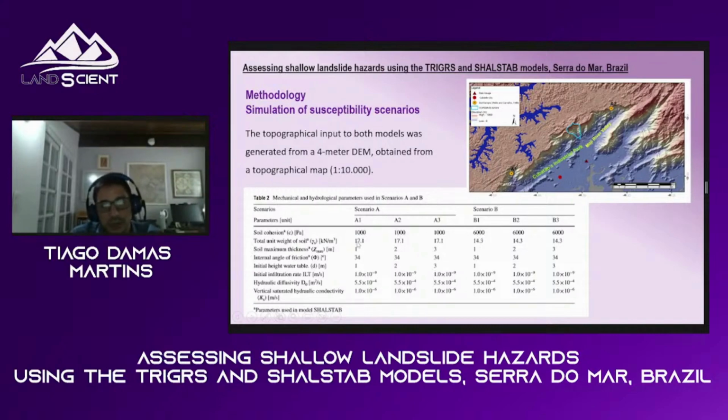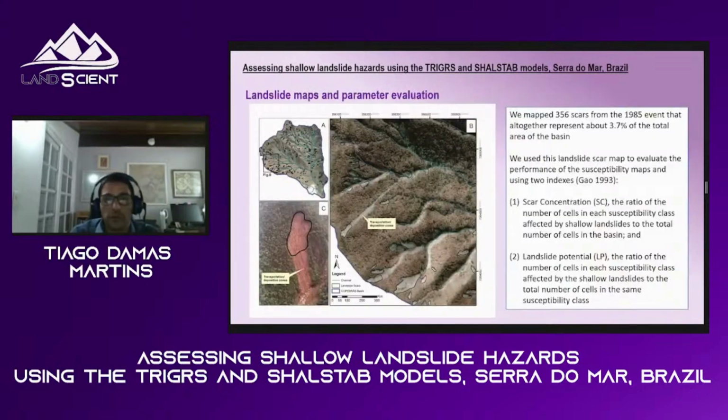Also, you can see the total unit weight of soil varying a little bit, and the soil maximum thickness from 1 to 3 meters depth. And the other values are quite the same. So the idea is which model responds best, varying these parameters, if you compare the number of cells to the landslide scars.